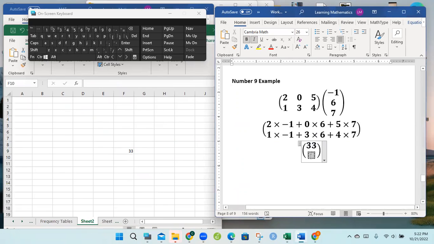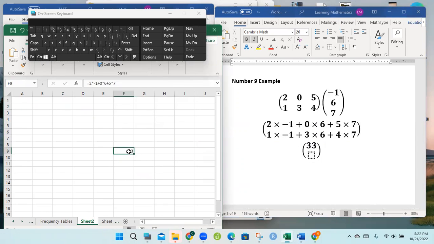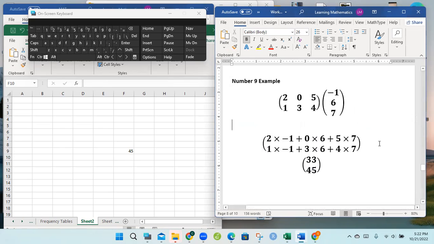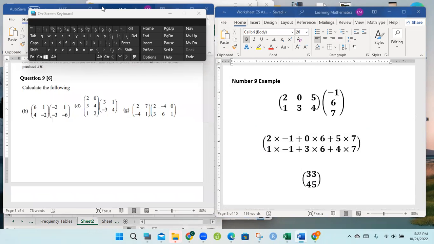And to get the second number in that column, equal 1 times negative 1 plus 3 times 6 plus 4 times 7. That's 45. And here you have it: multiplication of matrices. So apply this to these examples here.